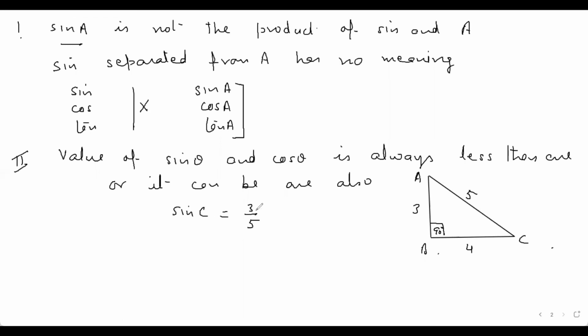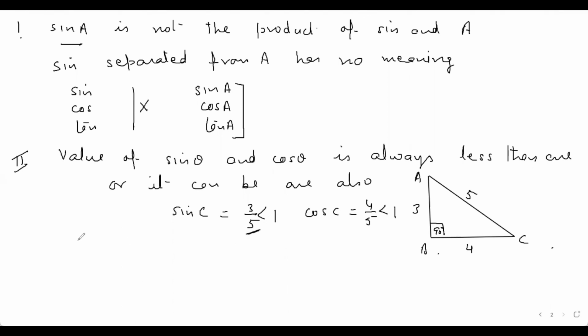Sin C will be 3 by 5 and cos C will be 4 by 5. Since this is the longest side, hypotenuse comes in the denominator, so this will always be less than 1. So the value of sin theta and cos theta is always less than 1, or it can be 1 also.